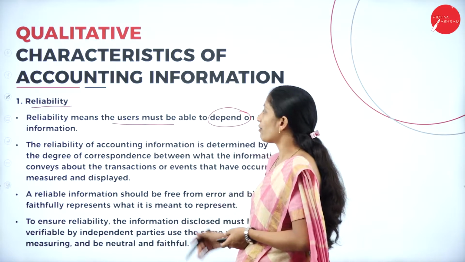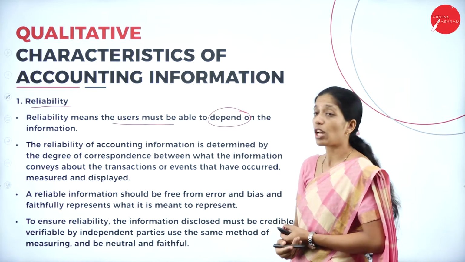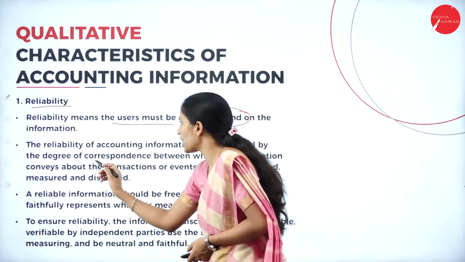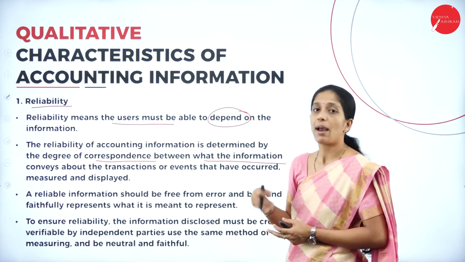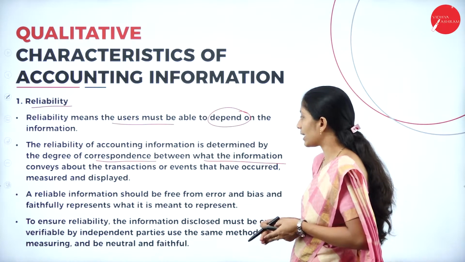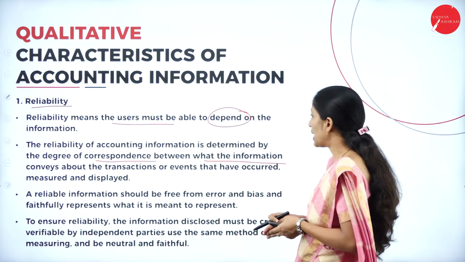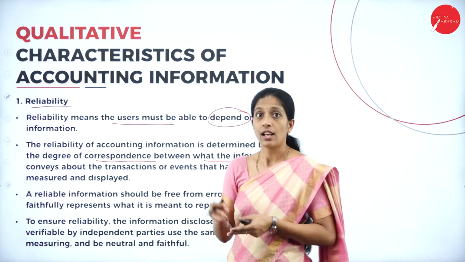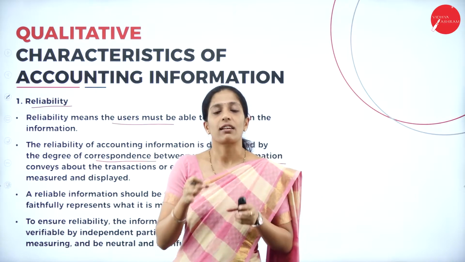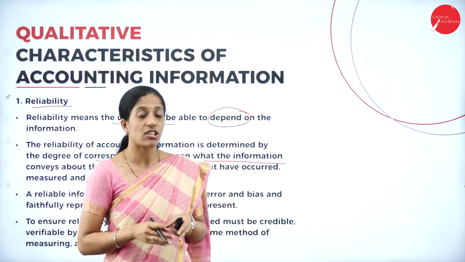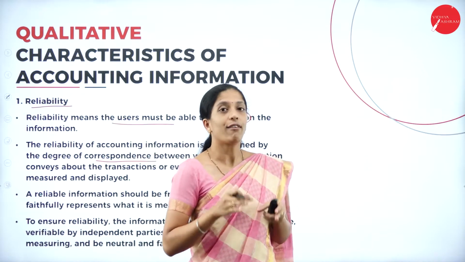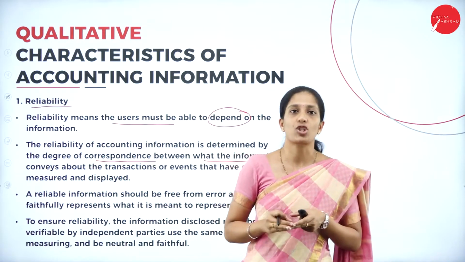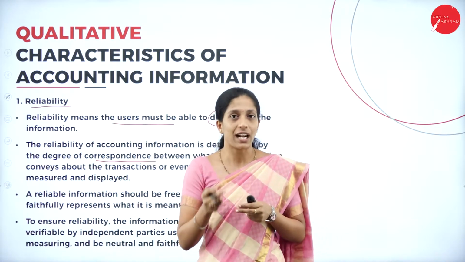The reliability of accounting information is determined by the degree of correspondence between what the information conveys about the transactions or events that have occurred, measured as well as displayed. Whatever transactions have taken place in an organization, the whole summary will be the accounting results. The accounting results should be conveyed in such a way that they are understandable.